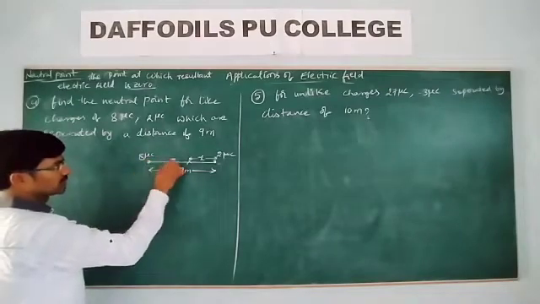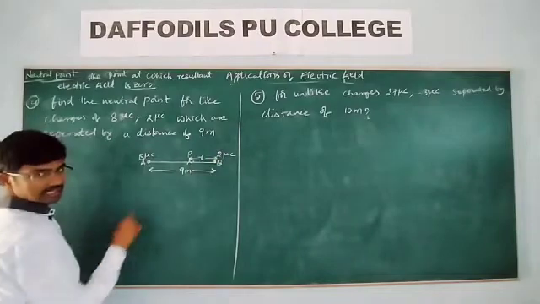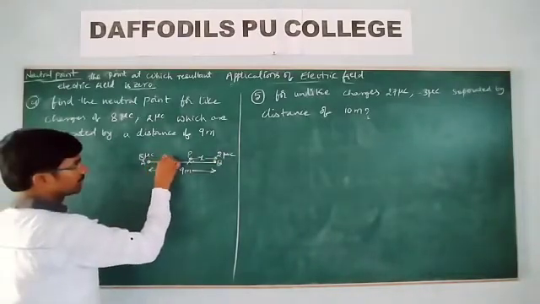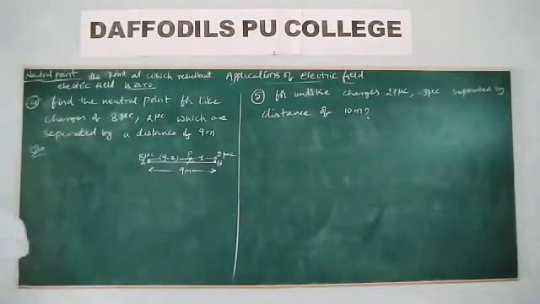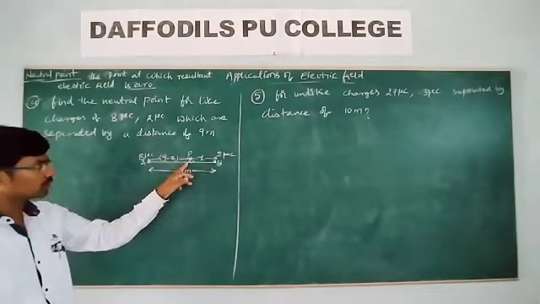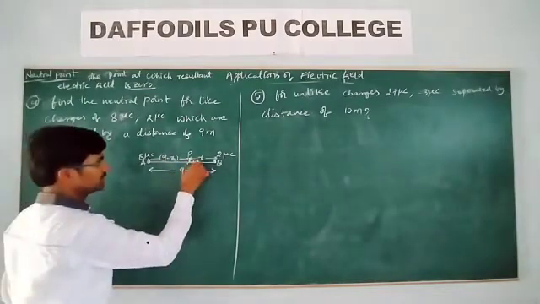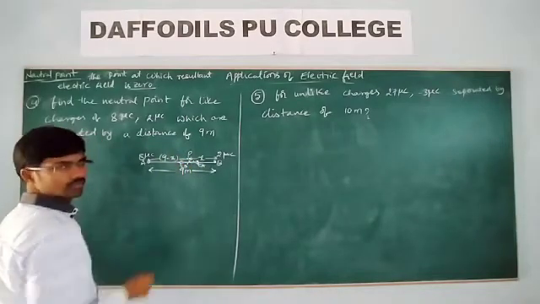Then what is the distance from A to B? 9 minus x is the distance. At the resultant neutral point, the resultant electric field is 0, so EA equals EB for like charges.